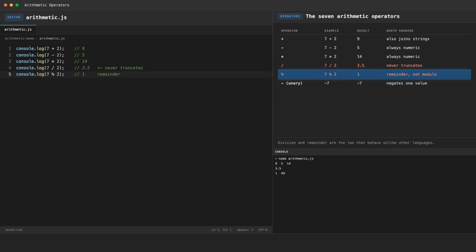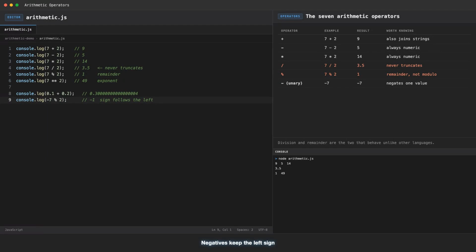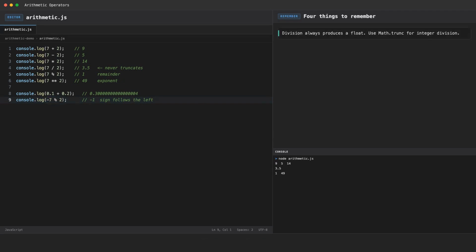It is also how you wrap a value around a range. Cycling through colors or positions on a grid uses it constantly. And it converts seconds into minutes and leftover seconds. There is one behavior of it that surprises people. Here we take the remainder of -7 and 2. Many people expect 1 because the leftover feels positive.